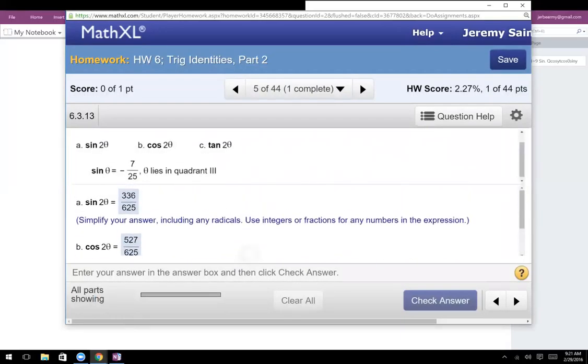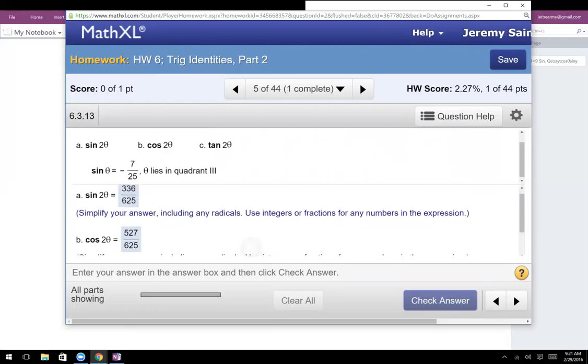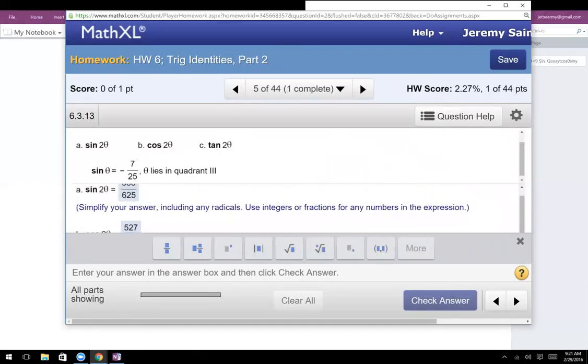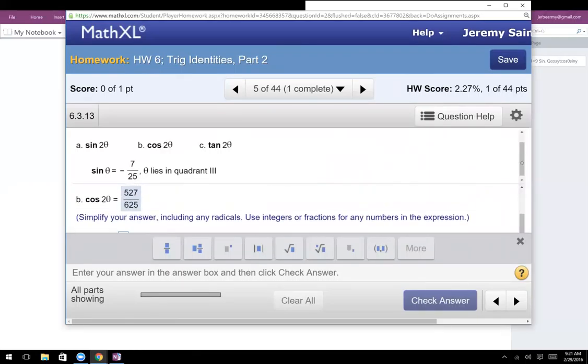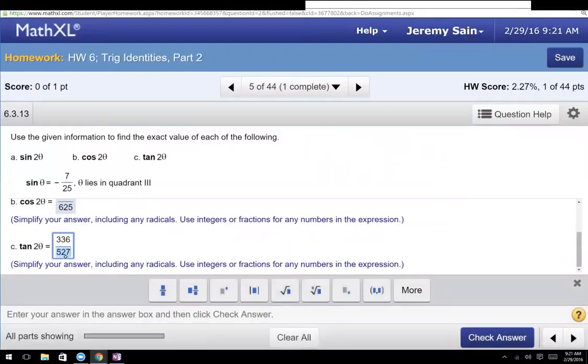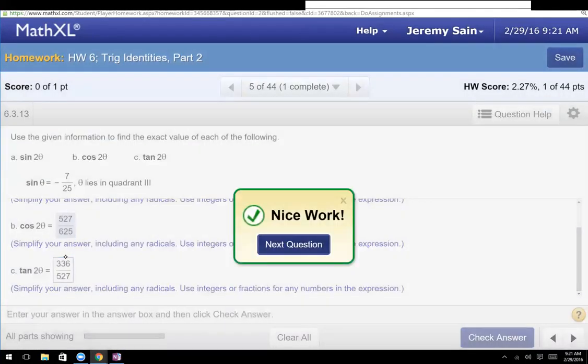And then sine over cosine, so 336 over 527. Hopefully that doesn't reduce. Okay, I have to make my screen big so I can type it in. 336 over 527. Yay!